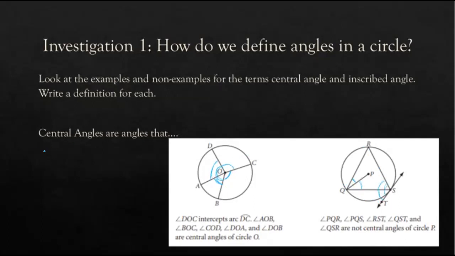So I might say that central angles are angles that have a vertex at the center of the circle, and their legs, or the rays of the angles, end at points on the circle.